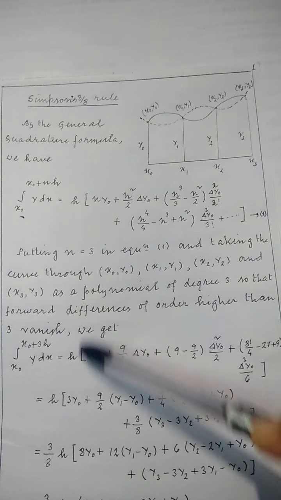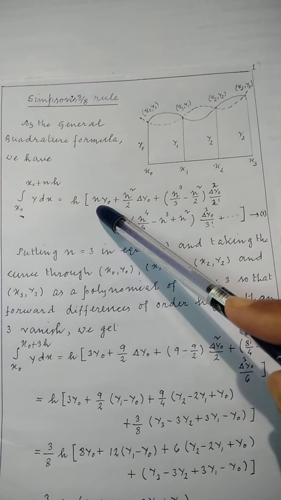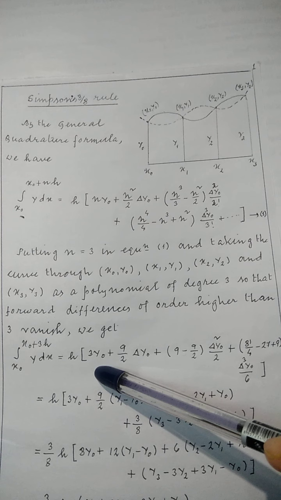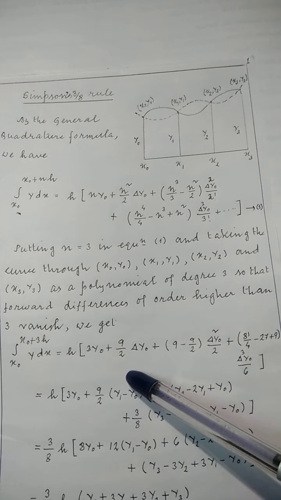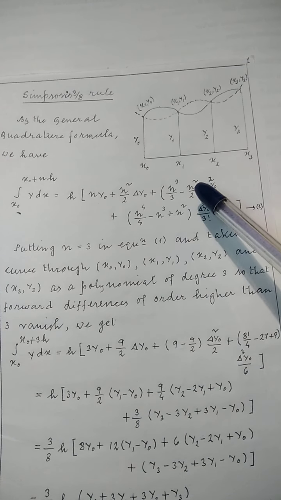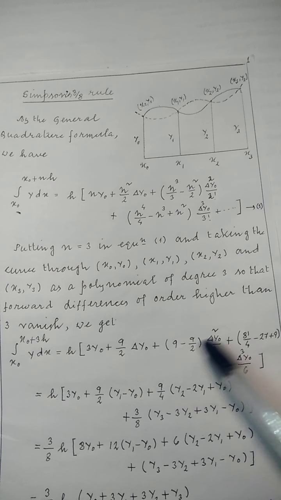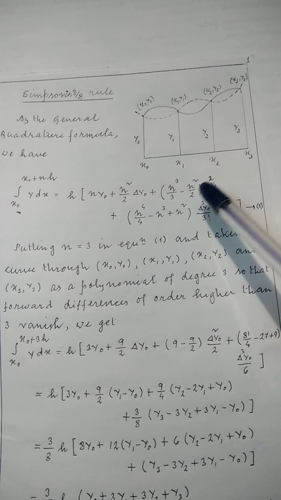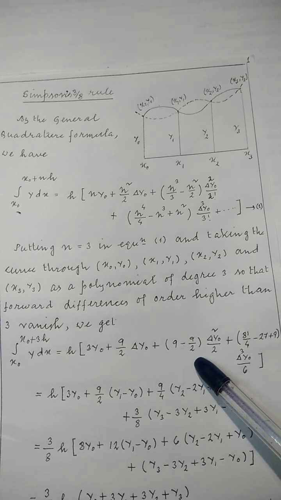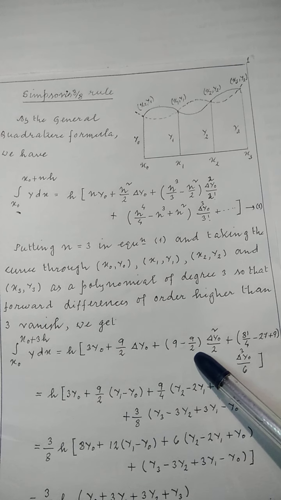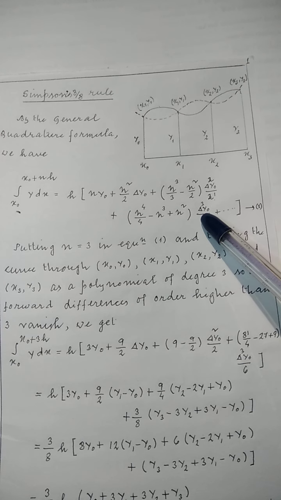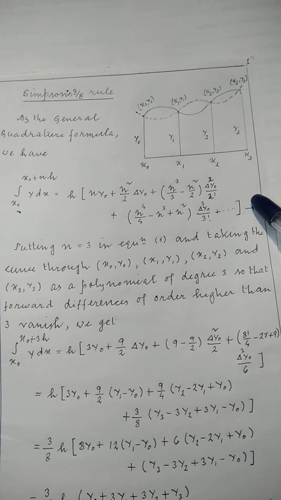Here h you write as it is, and in place of n you write 3, so 3 y0. In the same way, n squared by 2 gives 9 by 2 del y0. Just substitute the value n equal to 3 and simplify the expression. The differences of order higher than 3 vanish, so up to this much will remain, and the remaining terms will all be 0.